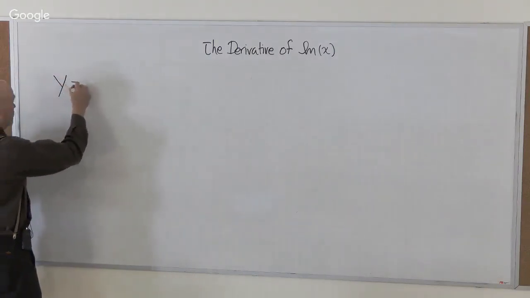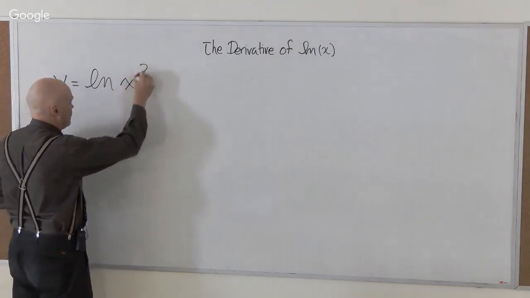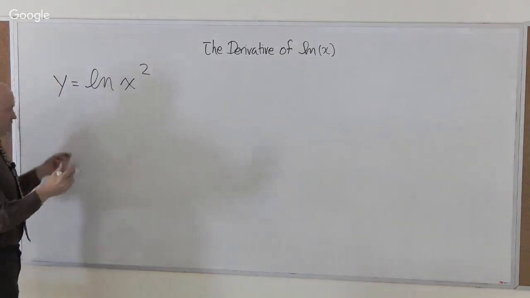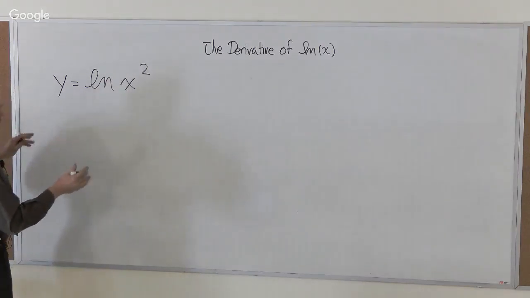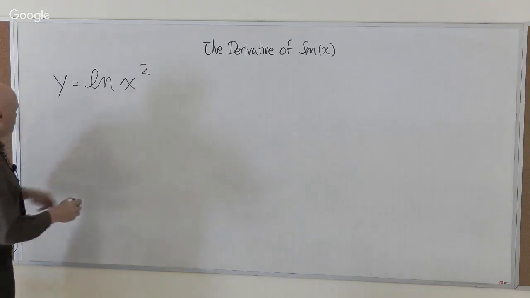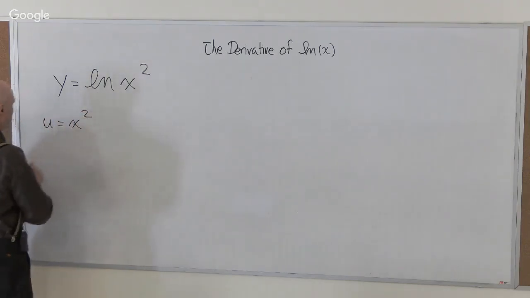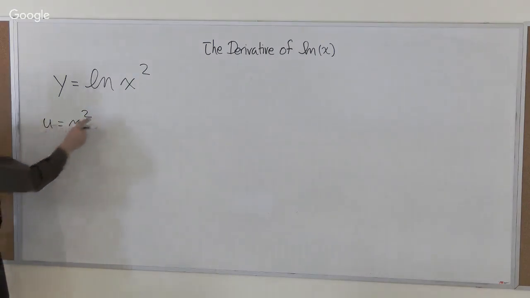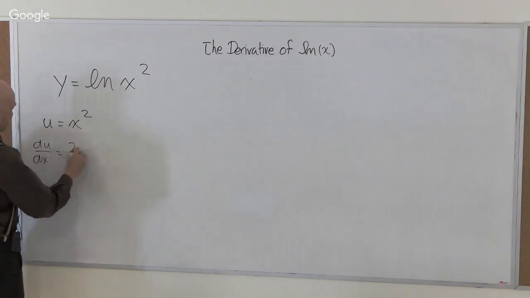Okay. y is equal to the natural log of x squared. All right, so this is one of those chain rule questions. So let's do this one with the hup 1, 2, 3 here. So u is equal to x squared, du dx is equal to 2x.